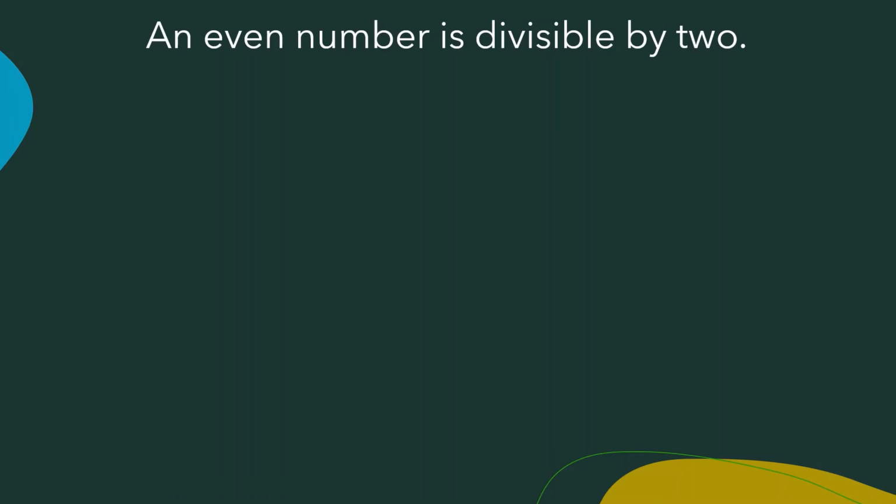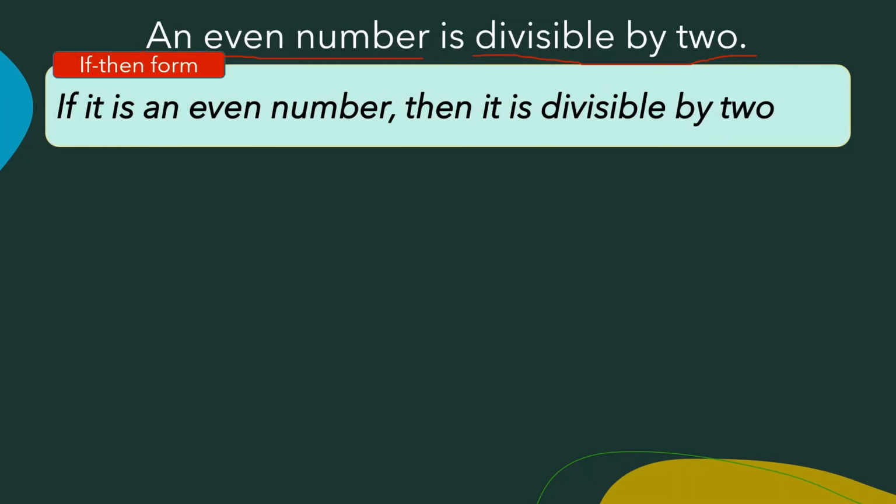What is the hypothesis? The hypothesis is an even number. And how about the conclusion? The conclusion is divisible by 2. So in if-then form, we have, if it is an even number, then it is divisible by 2.